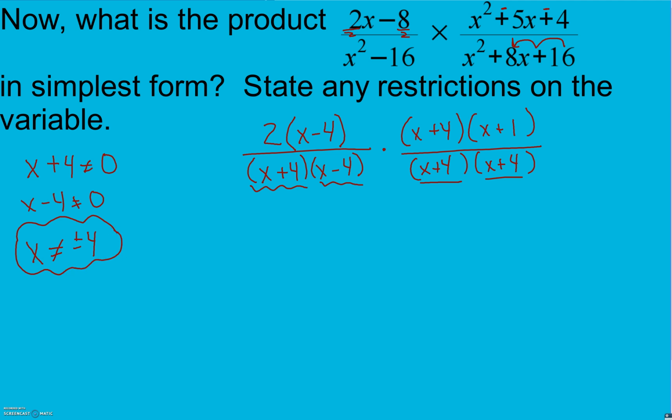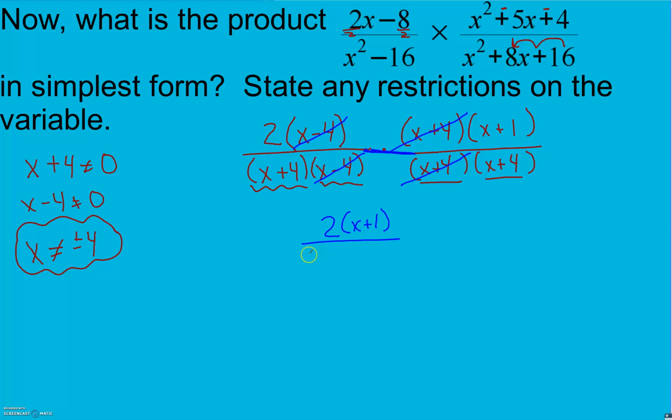Now let's simplify here. Again, when we multiply fractions, we can multiply straight across into one big fraction. So I can simplify anything that's the exact same. Has to be the exact same. X plus 4 divided by x plus 4 is 1. Anything divided by itself is 1. This leaves me then with 2 times x plus 1 in my numerator.